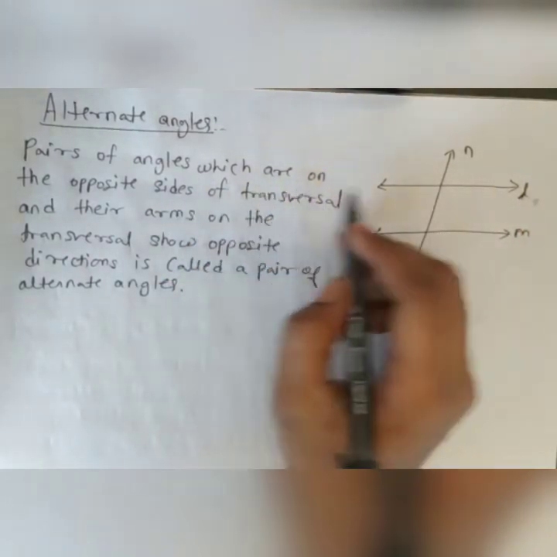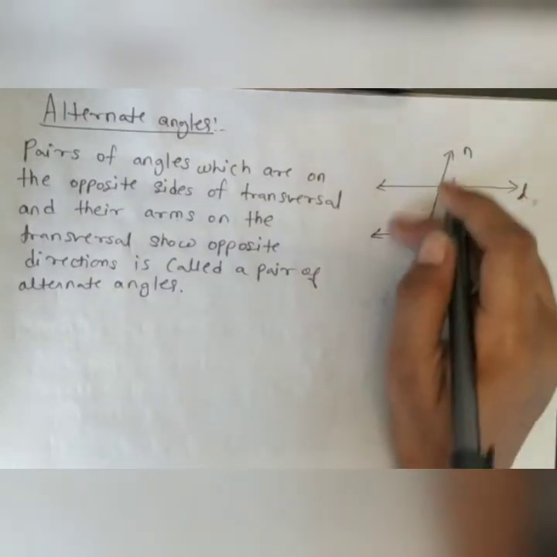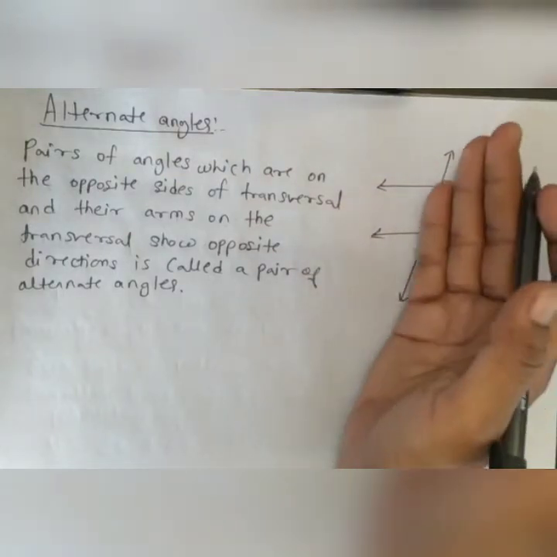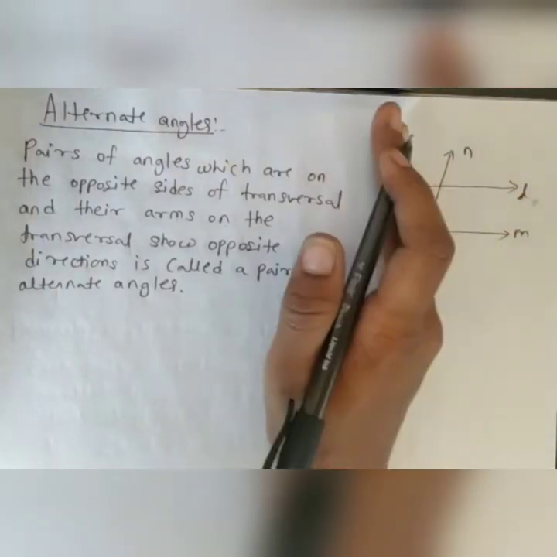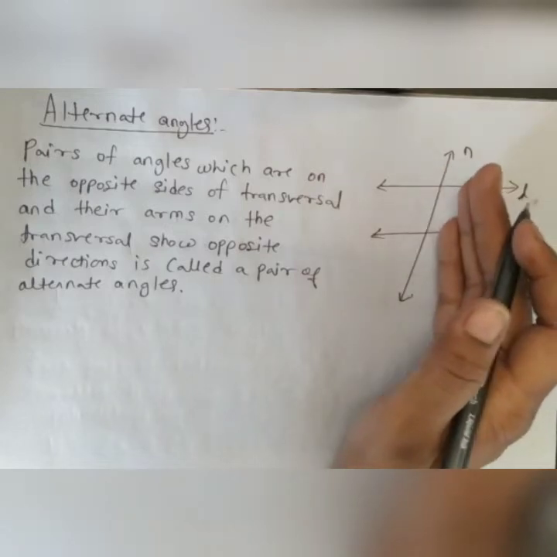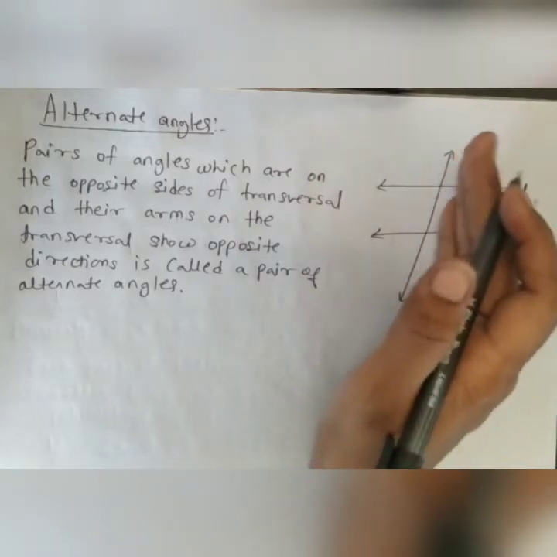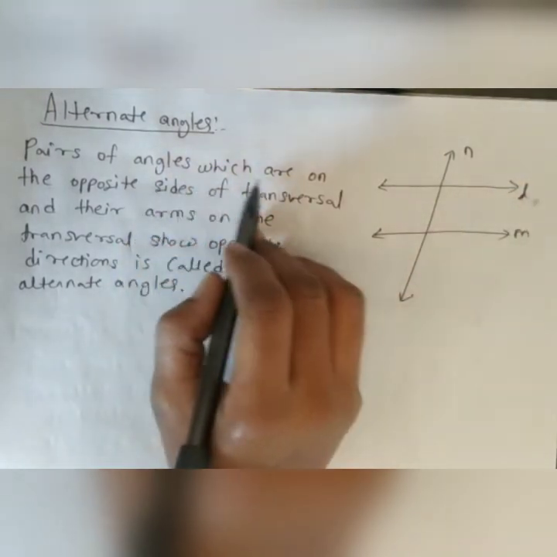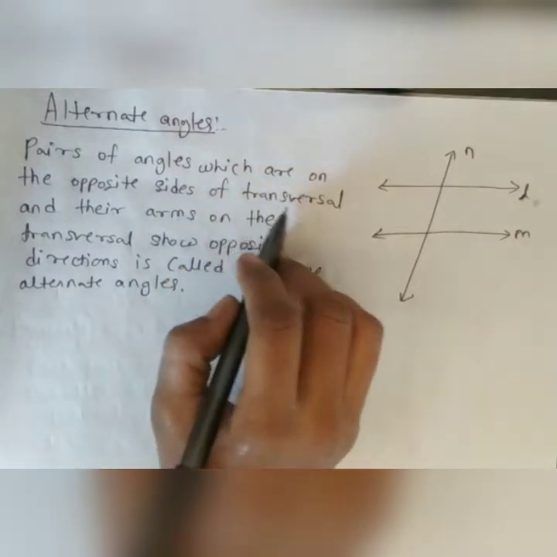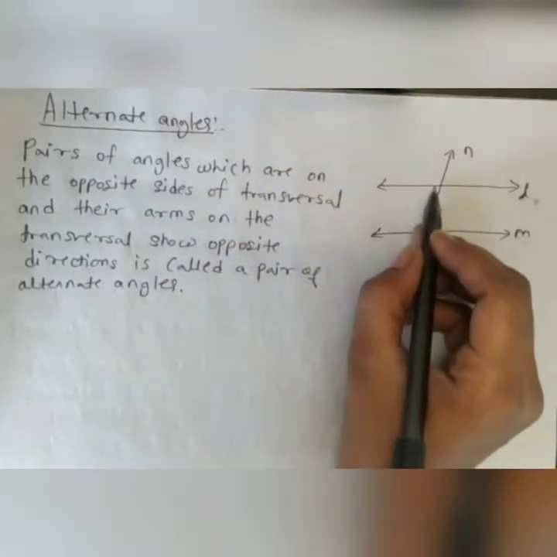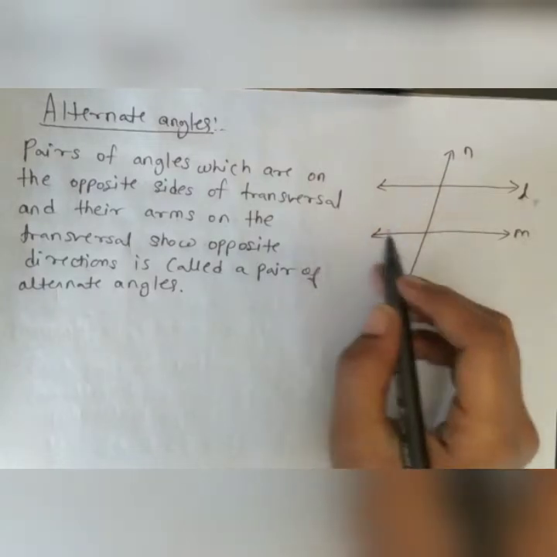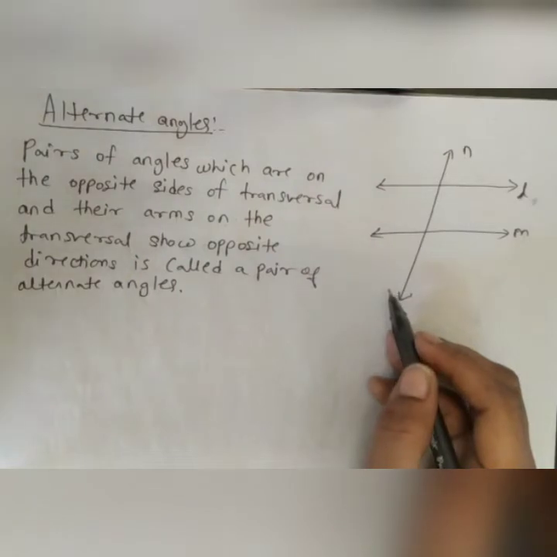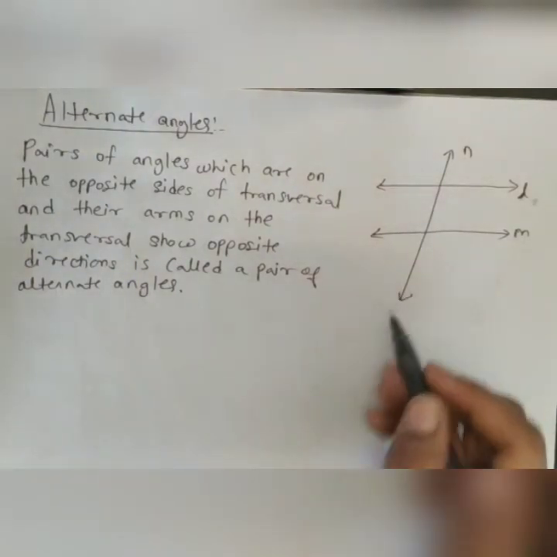A pair of angles which are on the opposite sides of the transversal. Opposite side means we take one angle from the left side with a right side's angle. Pairs of angles which are on the opposite sides of a transversal and their arms on the transversal in opposite directions is called a pair of alternate angles.